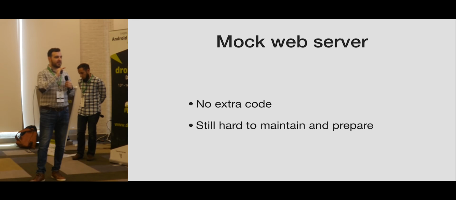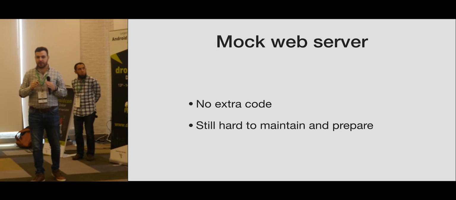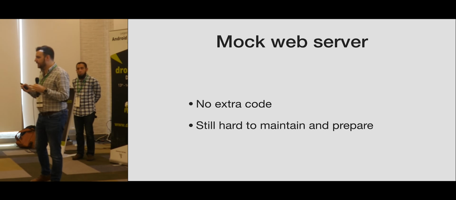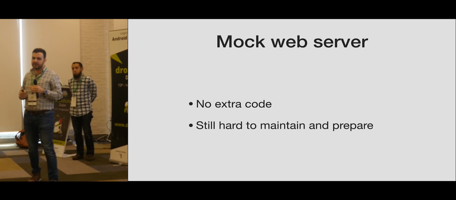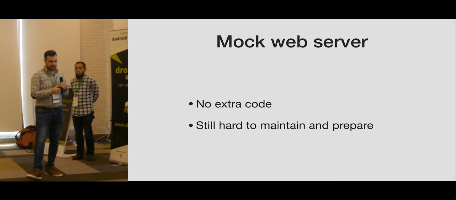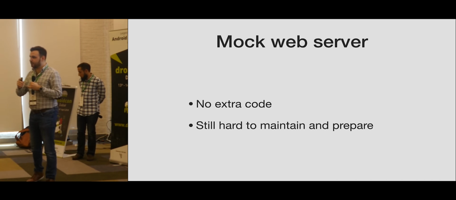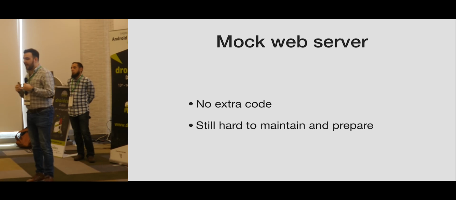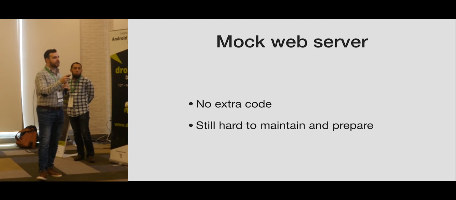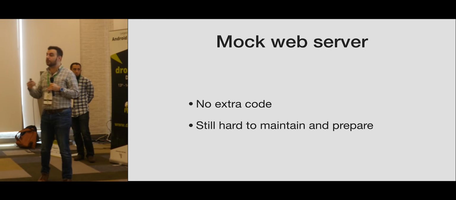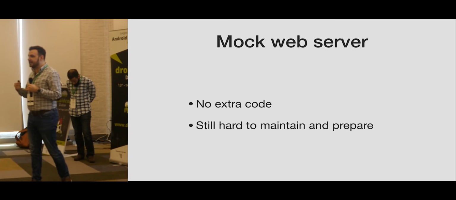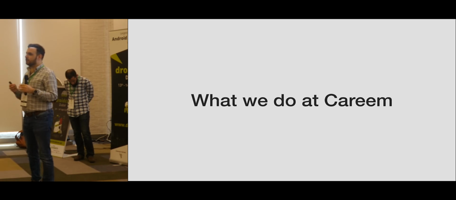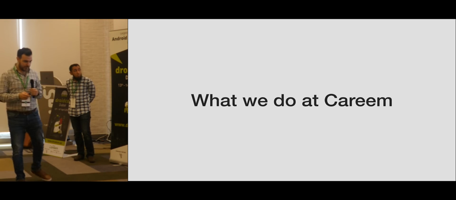That's great, it's reliable, and it's not really any coding because the tools are ready, but you still have two issues. You need to maintain this mapping between the request and the response, and you also need to spend a lot of time preparing and collecting all of the data for your tests, which is quite cumbersome, frankly.